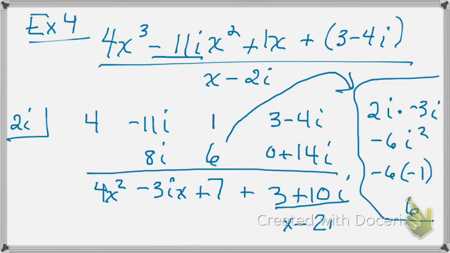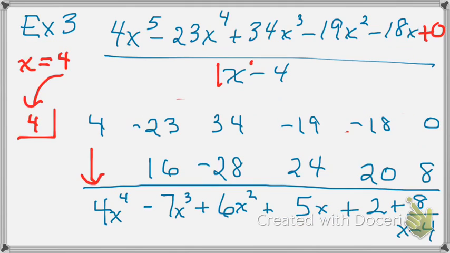Wait, I have a question. Why is that the remainder? Because we didn't add it. Like on the last one we added the 0, but we didn't add that. So, you mean the last problem? Yeah. Okay, so in the last problem, we didn't have a complex number over here on the end.